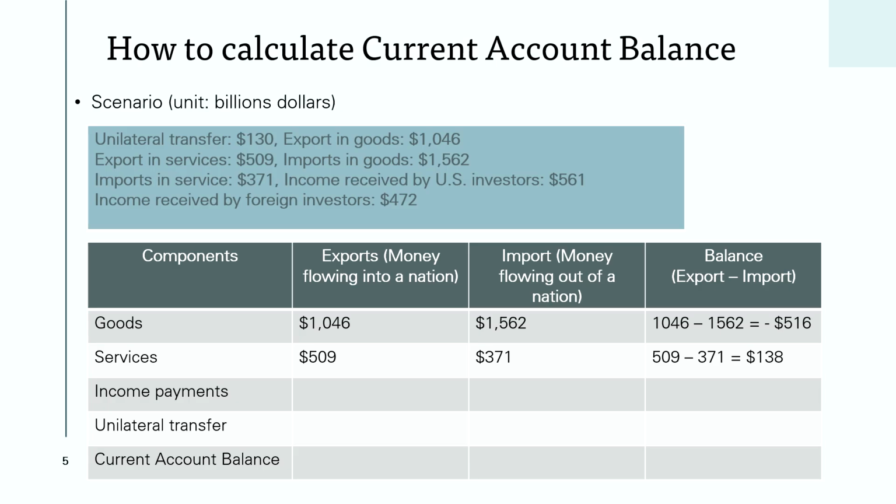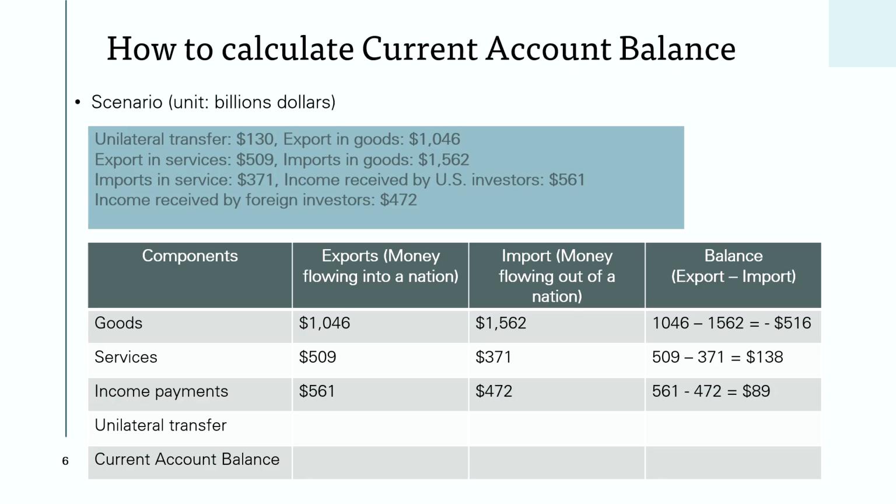Notice that the country runs a deficit in goods but a surplus in services. This situation is common for many advanced economies, such as the United States, which often export substantial amounts of financial, educational, technological, and professional services.